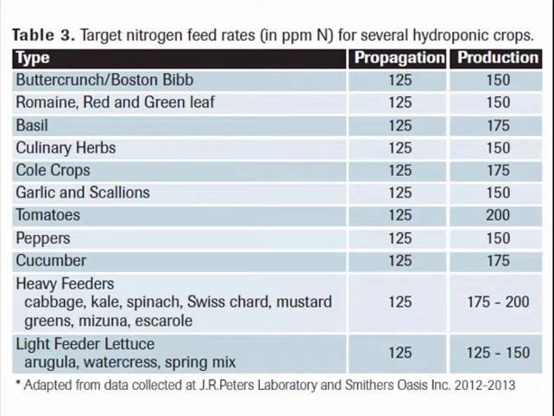So notice for all of the leafy greens and culinary herbs, which are in the top half of the table, and then we have heavy feeders and light feeders in terms of the leafy greens at the bottom, we're looking at a target of, say, 125 parts per million nitrogen for the propagation stage, and then bumping it up to about 150, 175, and then perhaps up to 200 for some of the heaviest feeders, such as cabbage and kale.